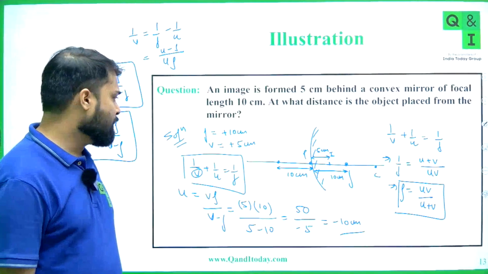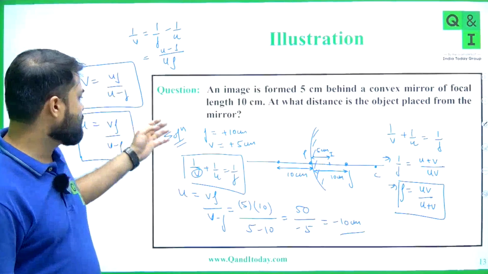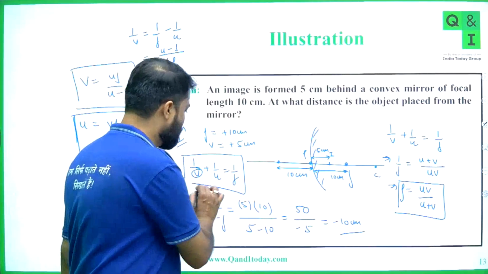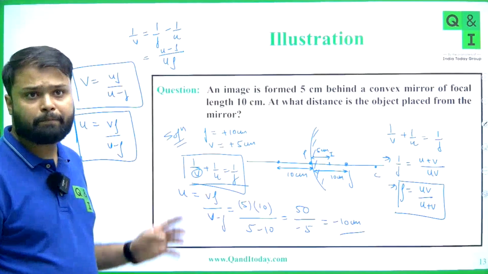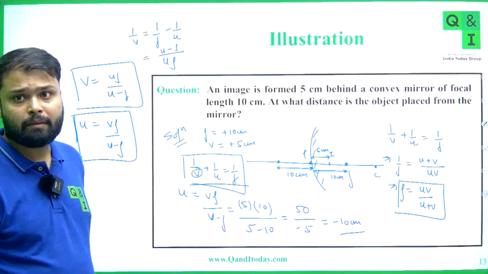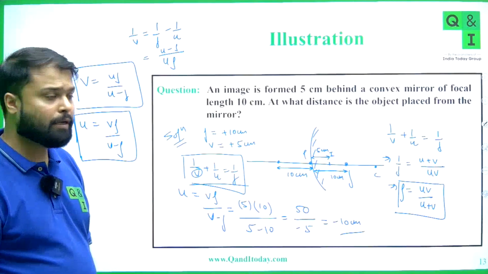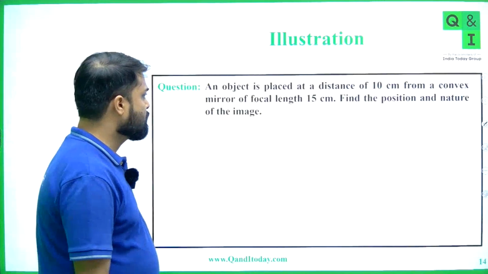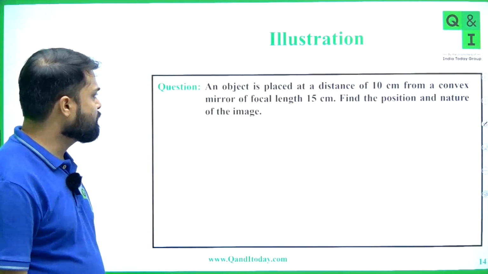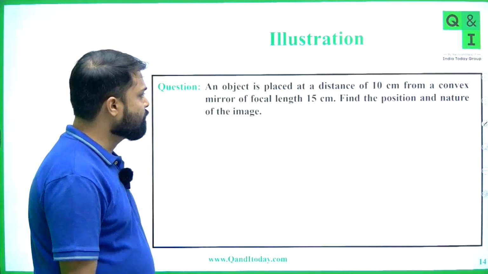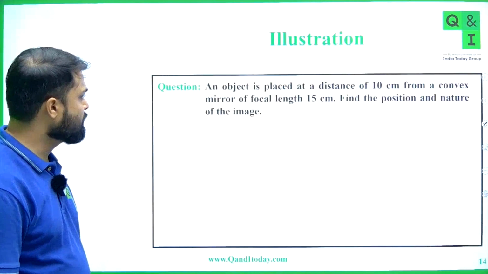But it is not necessary to remember these formulas. You can use the earlier formula also. Okay, clear? Yes or no? Yes, sir. Clear. Very good. Now, next, solve the question. An object is placed at a distance of 10 centimeter from a convex mirror of focal length 15 centimeter.